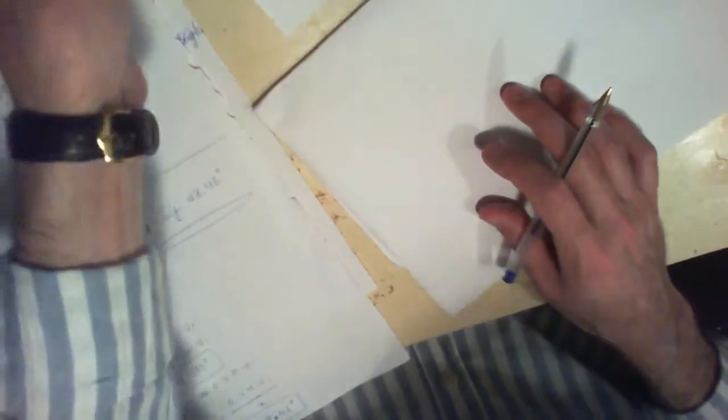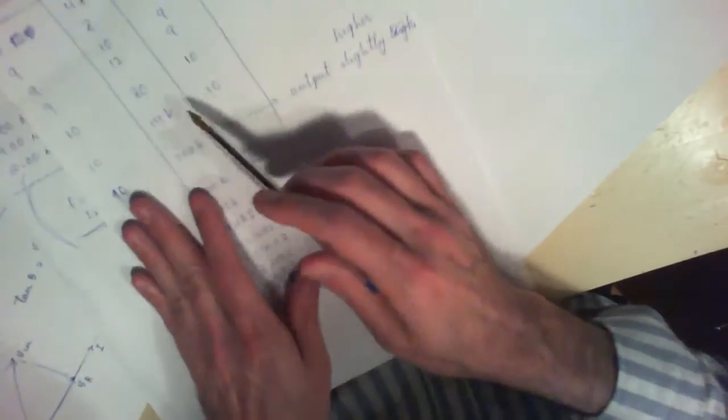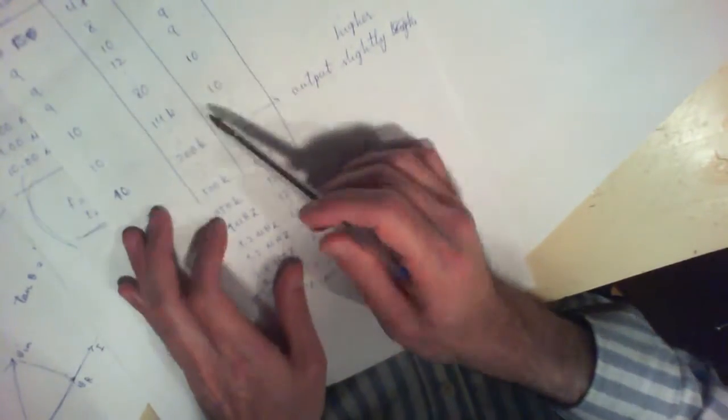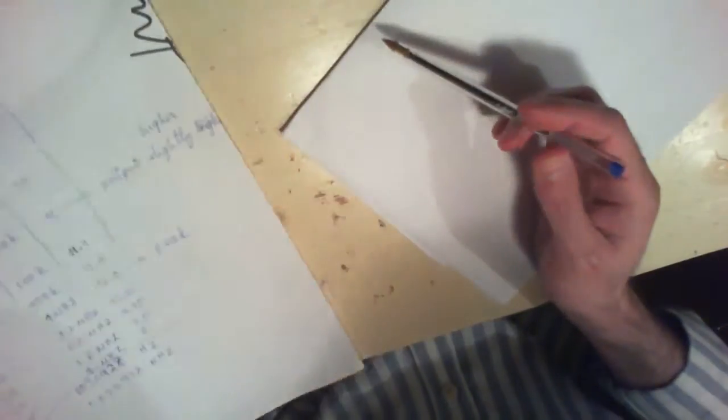Now, let's say you want to calculate your V out at this input, starting somewhere over here. Here my input was 10 volts at 14 kilohertz, and my output was 10 volts.